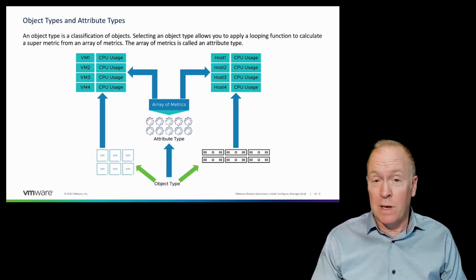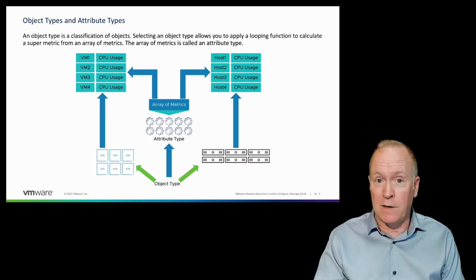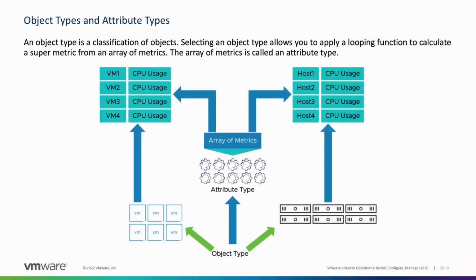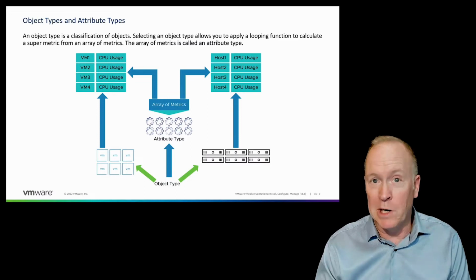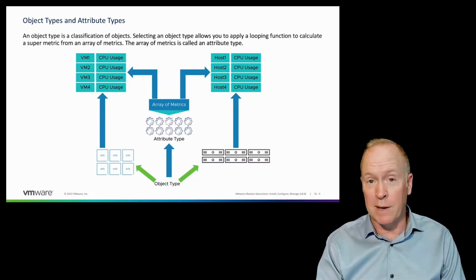So an attribute type is the same metric collected for a multitude of objects. For example, if we are working with the object type virtual machine, and we say that we want the attribute type called CPU usage, we're not going to get back a single value for CPU usage. Rather, we're going to get back an array of those values, one value for each of the individual objects that we're looking at. So again, it's just a little bit different terminology when you're working with a multitude of objects.